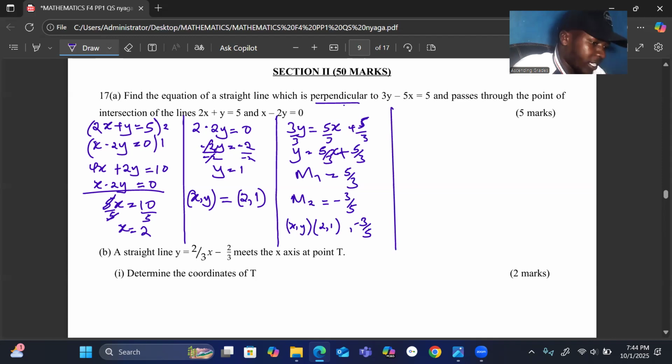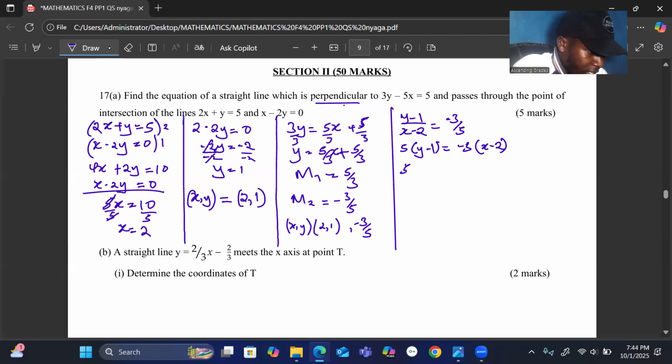We take change in y over change in x, so y minus 1 over x minus 2 gives us negative 3 over 5. So we multiply, so we shall have 5 into y minus 1 is equal to negative 3 into x minus 2.